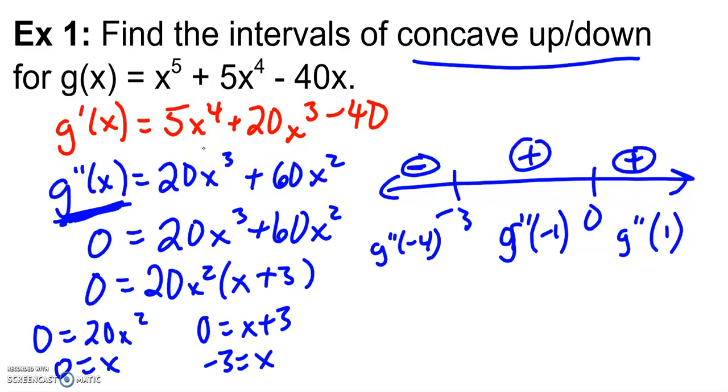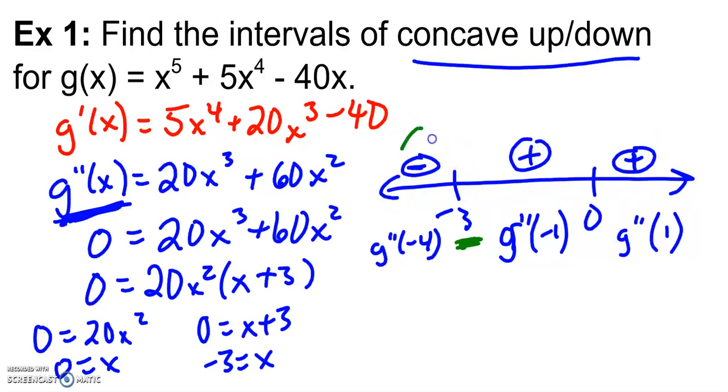So in this case, we have what we call a point of interest. That is going to be at negative 3. Here it's negative, so that is where it is concave down. And then it's going to be concave up because these are positive everywhere greater than negative 3. So this is our point of interest where we have something going from concave down to concave up.